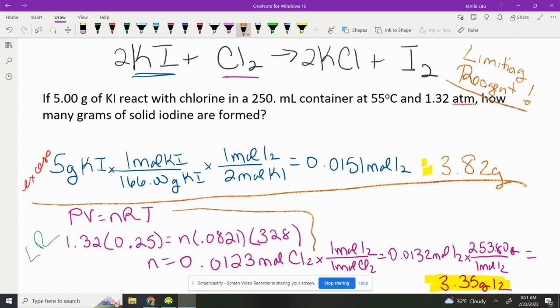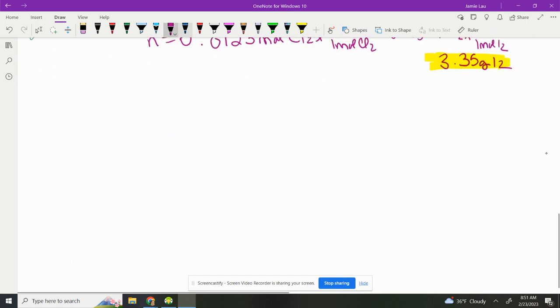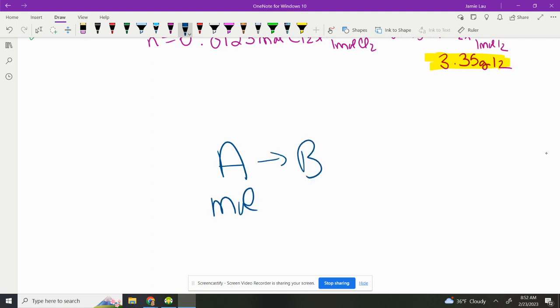All right, giving everyone a minute to write everything down here. So here's the thing I want you guys to think about with stoichiometry. The entire point of stoichiometry is to get from moles of A to moles of B, right?